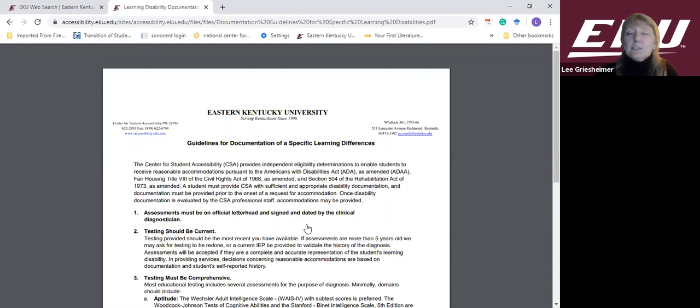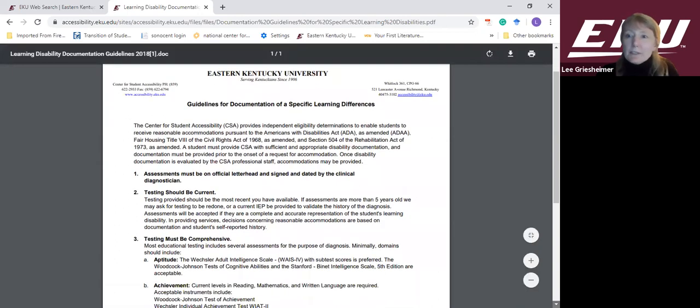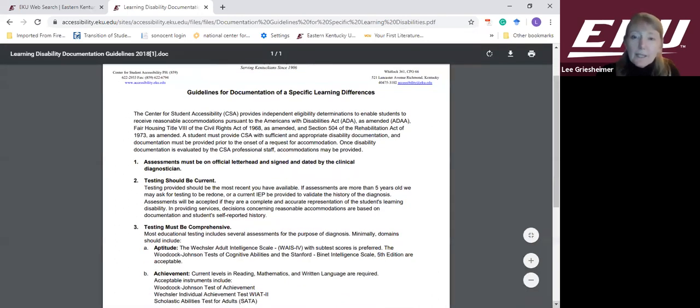Generally, this is usually a learning disorder in reading, also known as dyslexia, or specific learning disorder in math. A lot of folks that have this diagnosis received it through their school, and they also received reevaluations every 3 years through their school system. So we would need the most recent reevaluation.